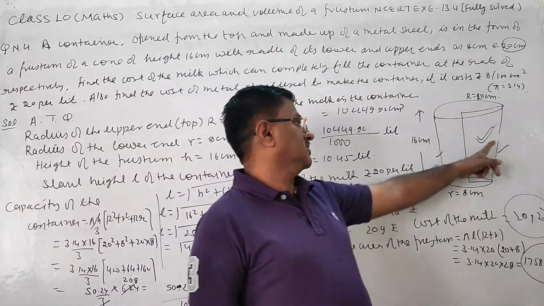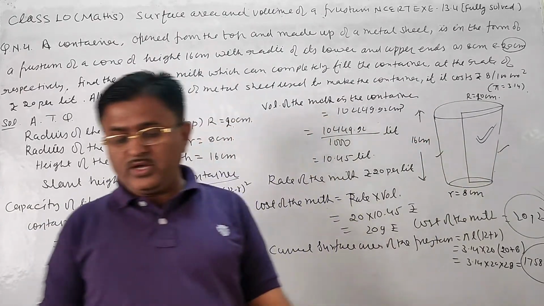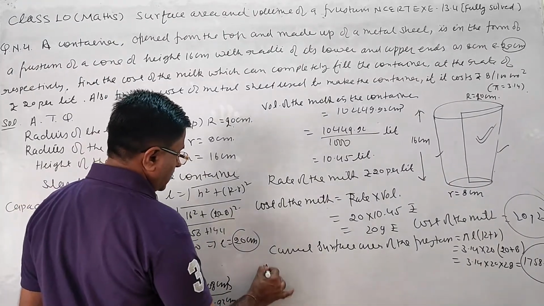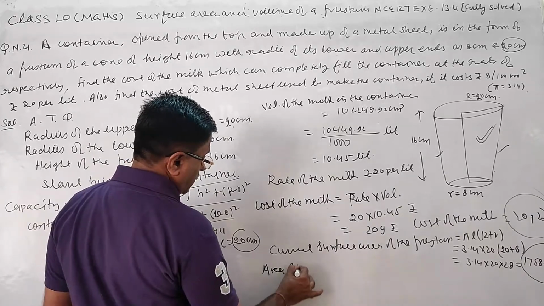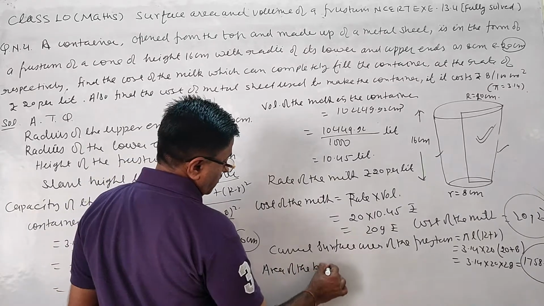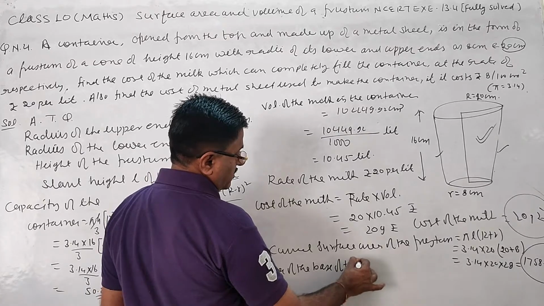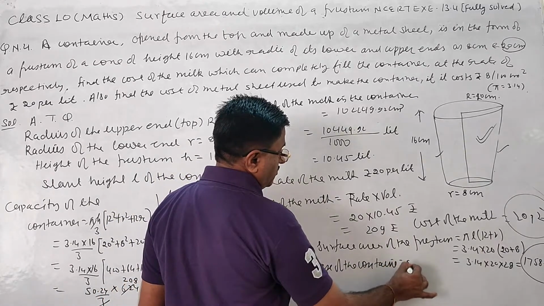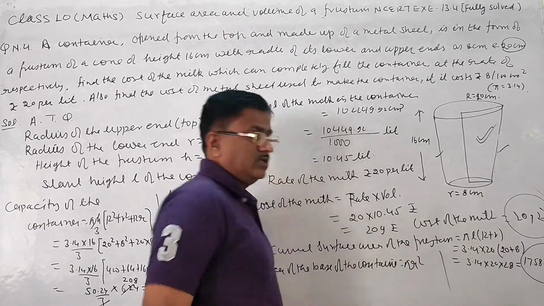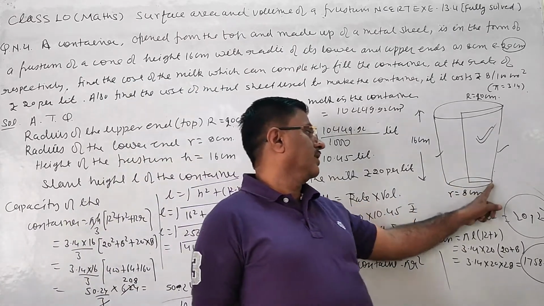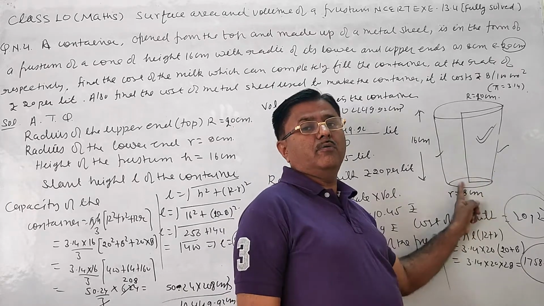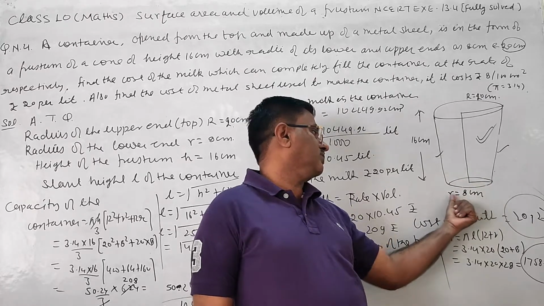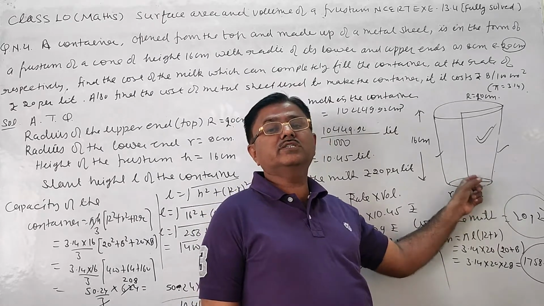We need the curved surface area plus the base area, so now we have to find the base area. The area of the base of the container is the area of a circle, because this portion is in the form of a circle. Correct? So the area of a circle is pi r square; we take small r because the base radius is small r.